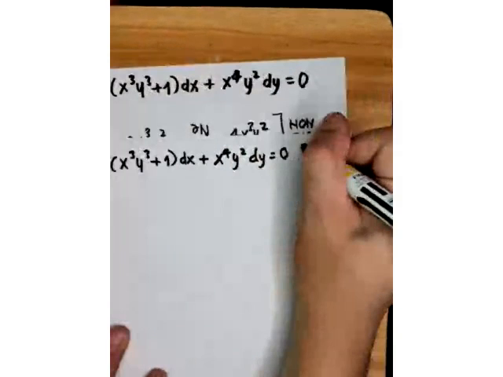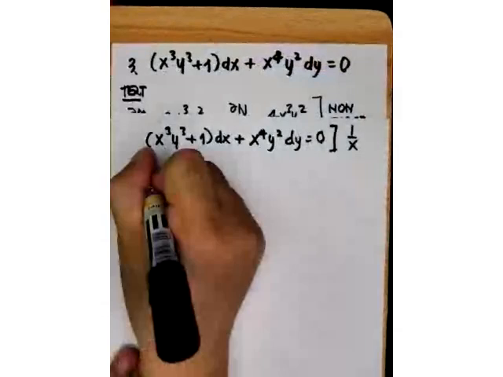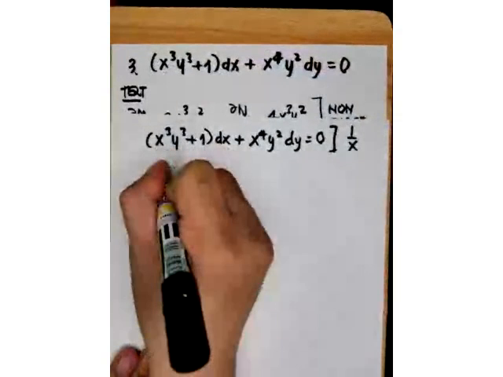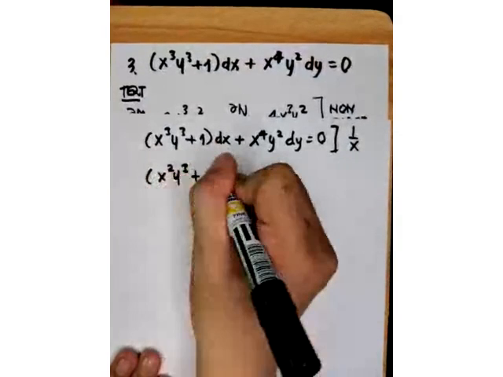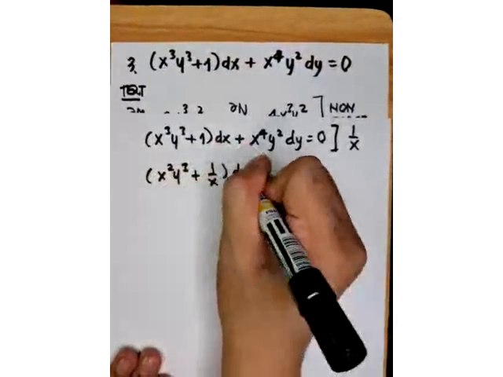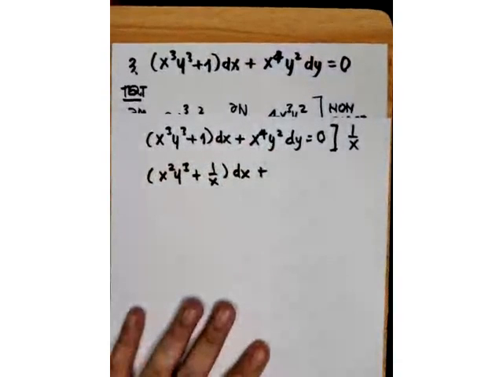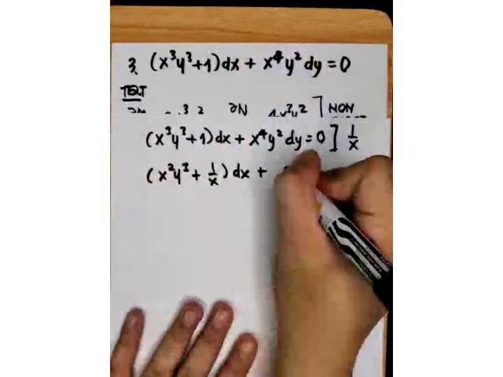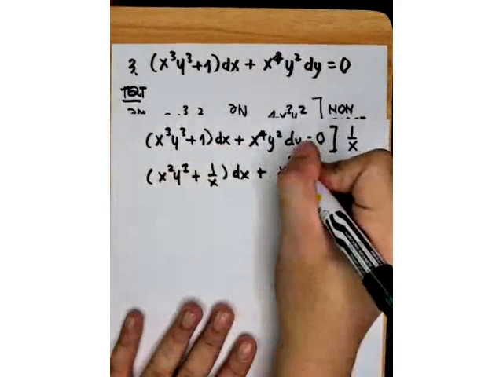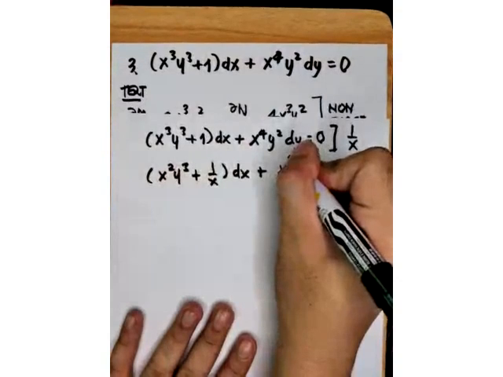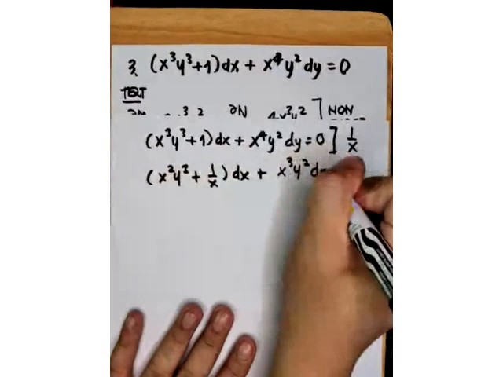Okay, multiply it by 1 over x. So that's equal to x squared y cubed plus 1 over x dx plus x cubed y squared dy is equal to 0.